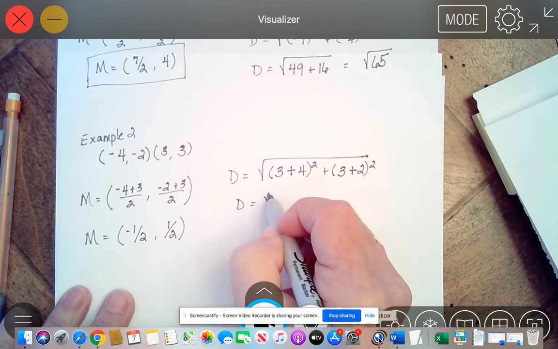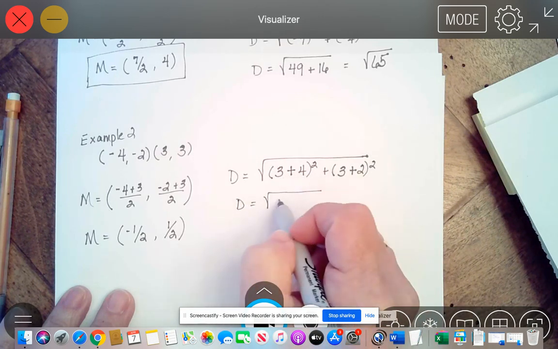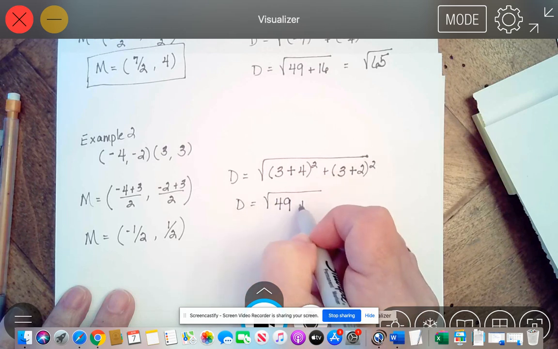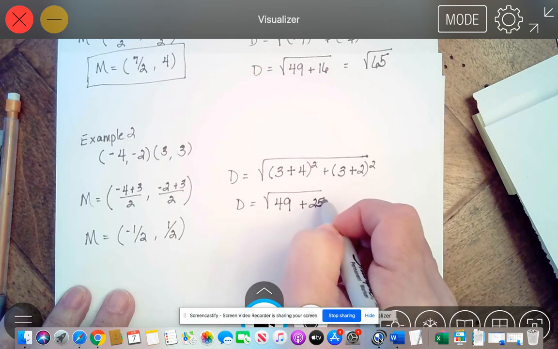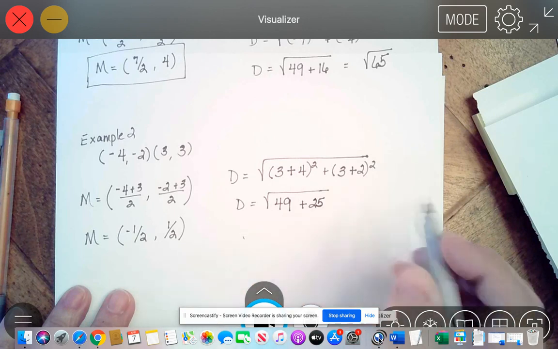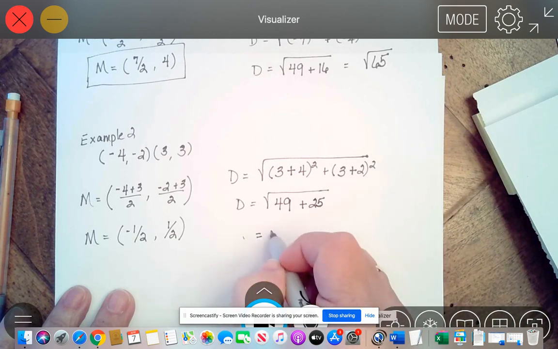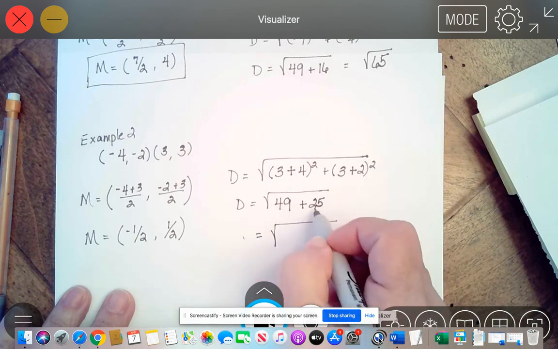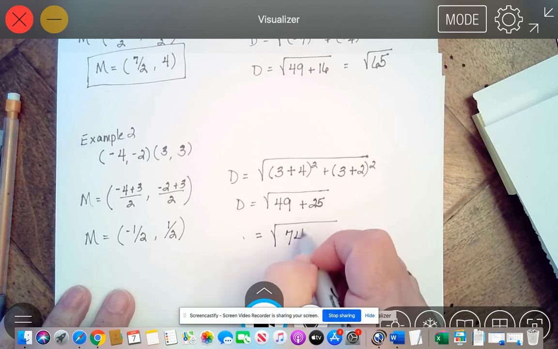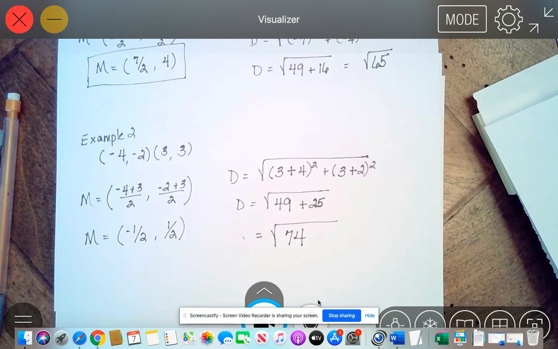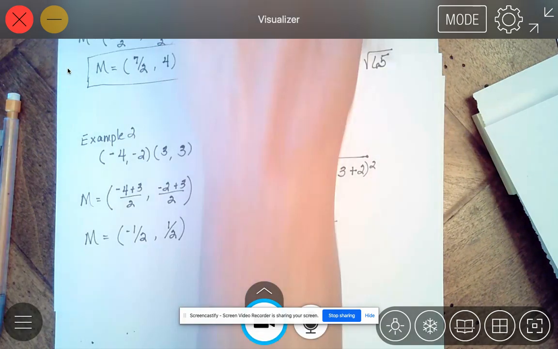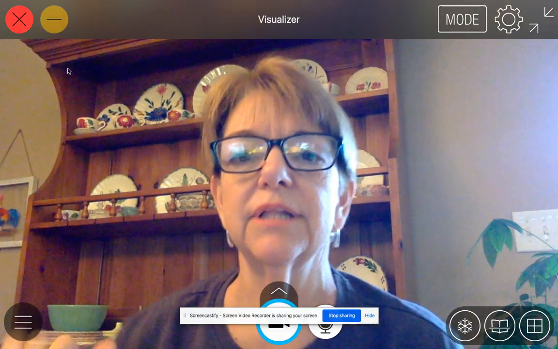So I have the square root of 3 plus 4 is 7. 7 squared is 49. 3 plus 2 is 5. 5 squared is 25. So then the distance is the square root of 74. And like I said, you can do that over in your Desmos if you would like.